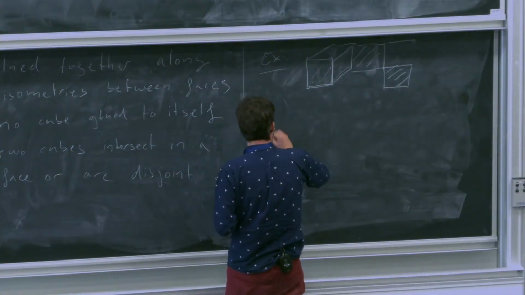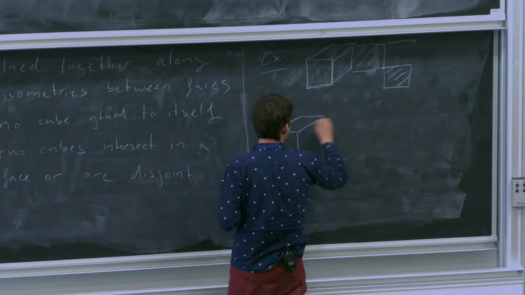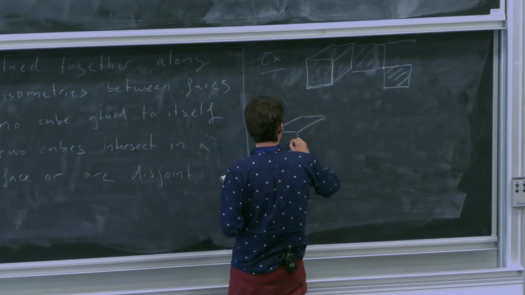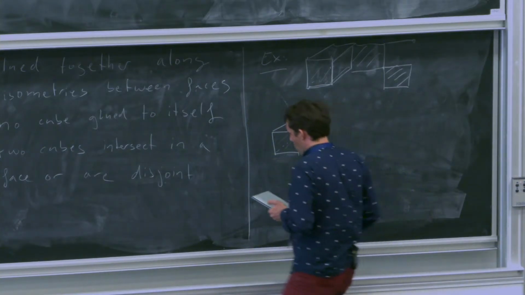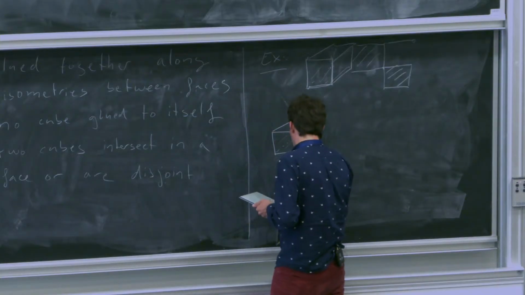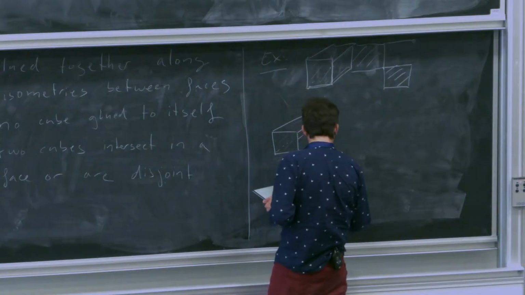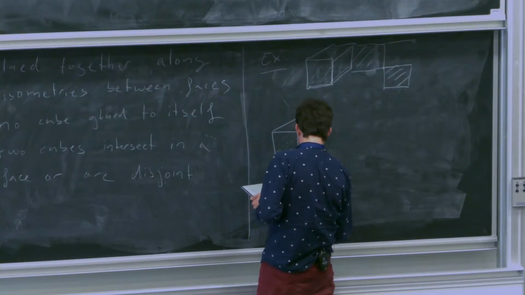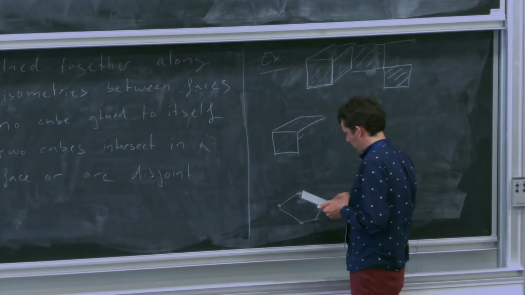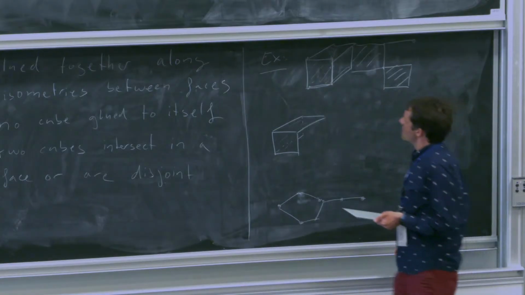Or also we can have 3 squares glued together like that, but inside it's hollow. Or of course, also all graphs are cube complexes. They're just one-dimensional cube complexes.